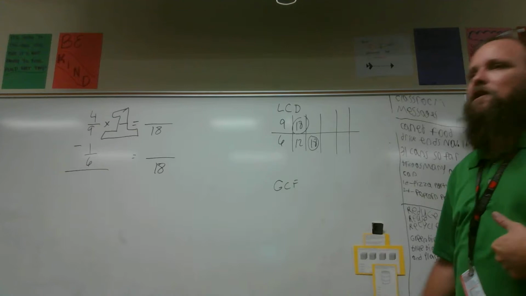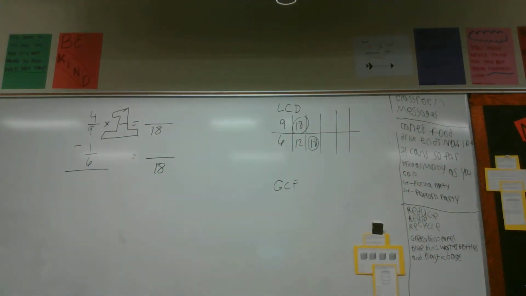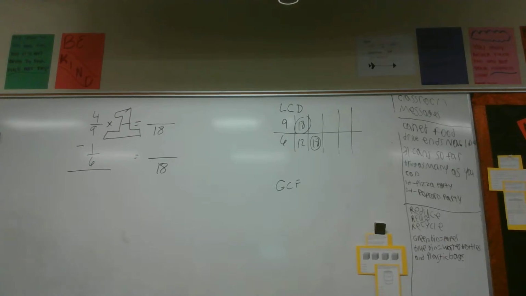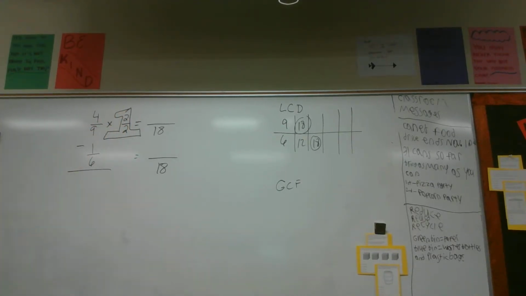As long as the numerator and denominator are the same, that fraction will equal 1. So what am I going to multiply by? I just have to look. 9 times what gives me 18? 2. So I'm going to multiply this by 2 over 2.